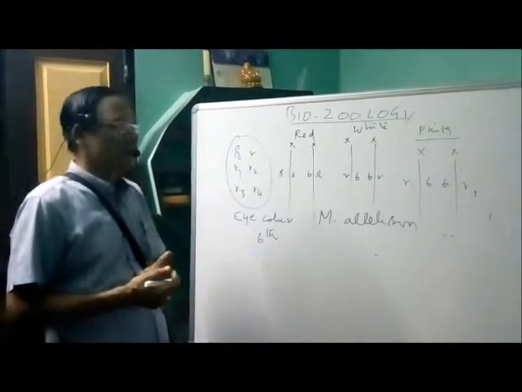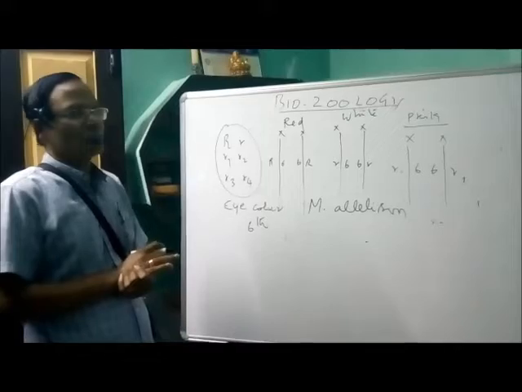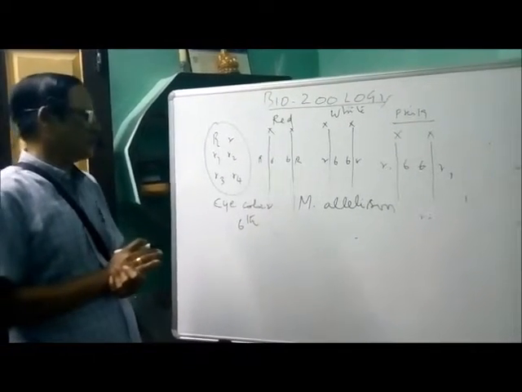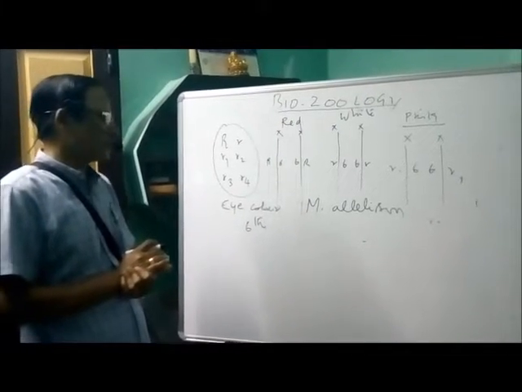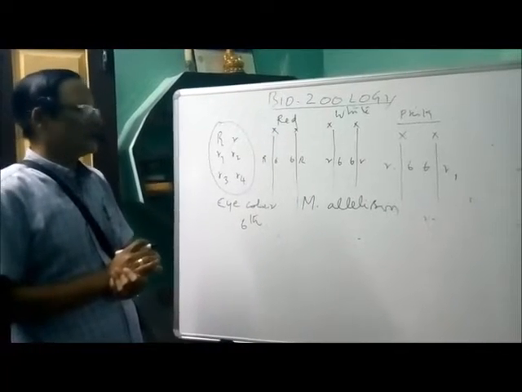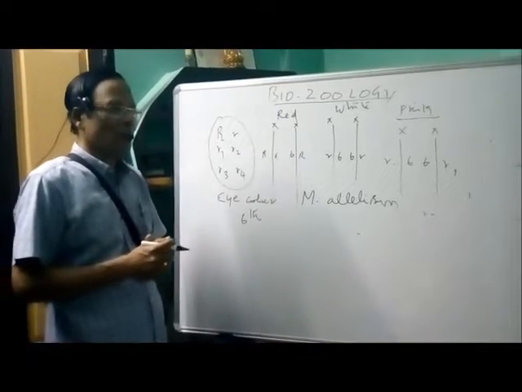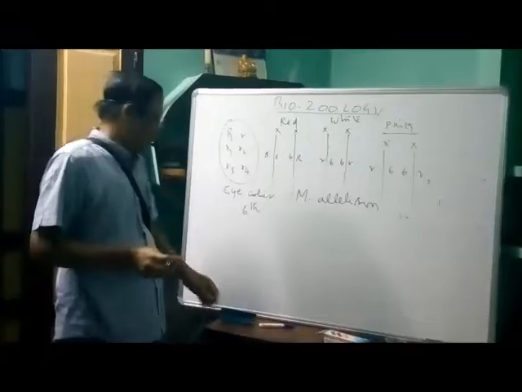This is the example I am giving. Take the rabbit, where the coat color is different, for example Himalayan, albino, black, like that. So, when a single character is represented by more than one form... Okay, let's continue.